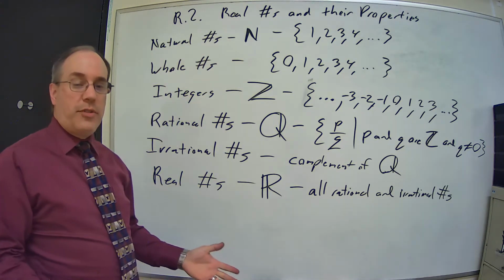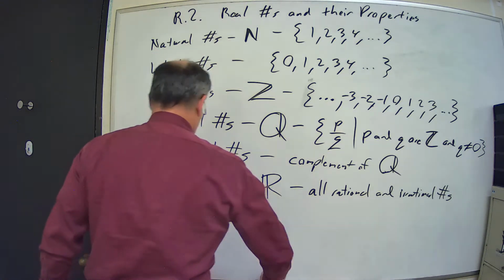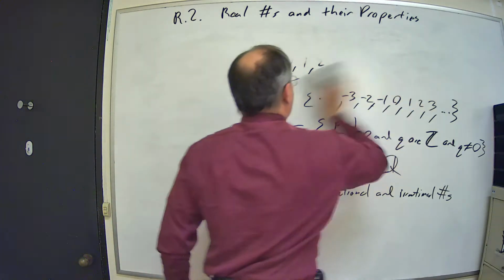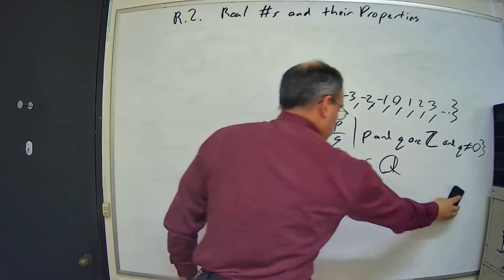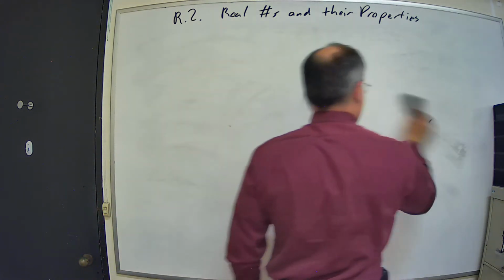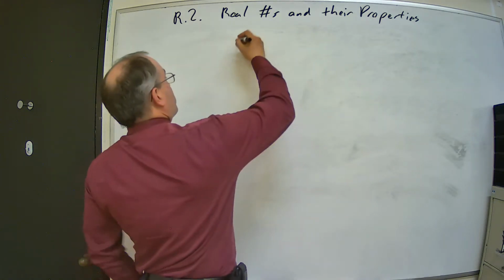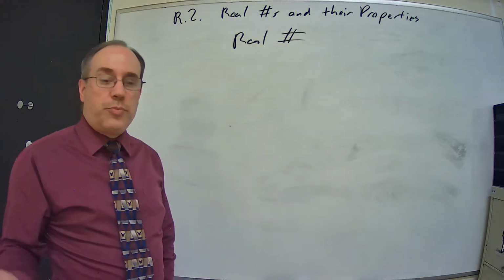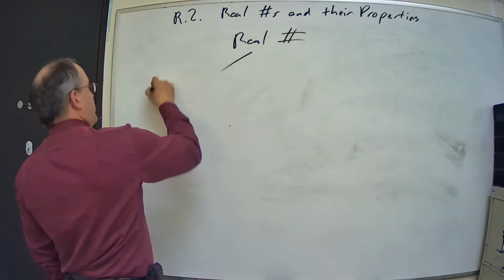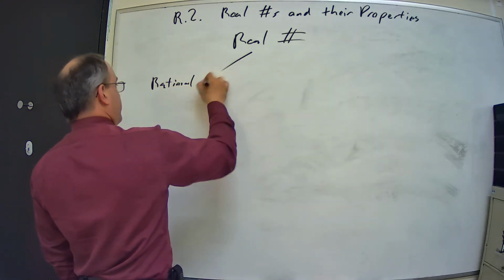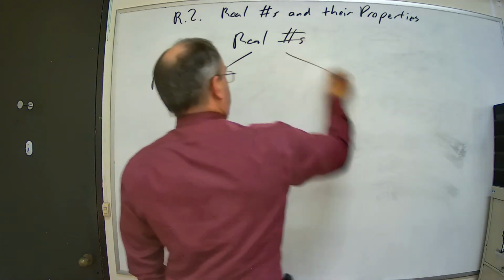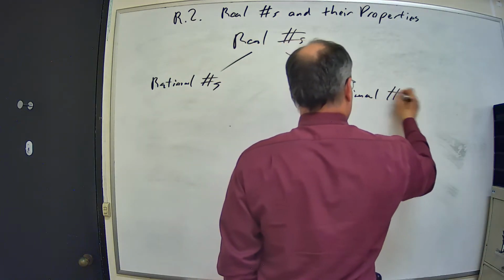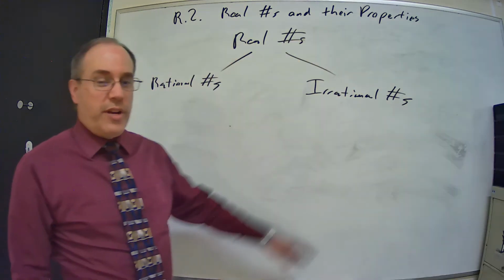So how does this all come together? Well, let me show you. I'm going to do a little tree diagram here. So we start out with real numbers. And real numbers can be split into rational numbers and irrational numbers. We're going to stop that side.